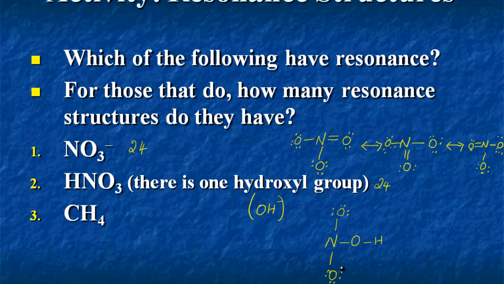How many have we used so far? 6 plus 6, 12, 14, 16, 18, 20. We have 4 more to show, right? Well, this oxygen doesn't have any double bond. It already has 2 bonds, right? Now I have all the 24 electrons, but the nitrogen is not happy.